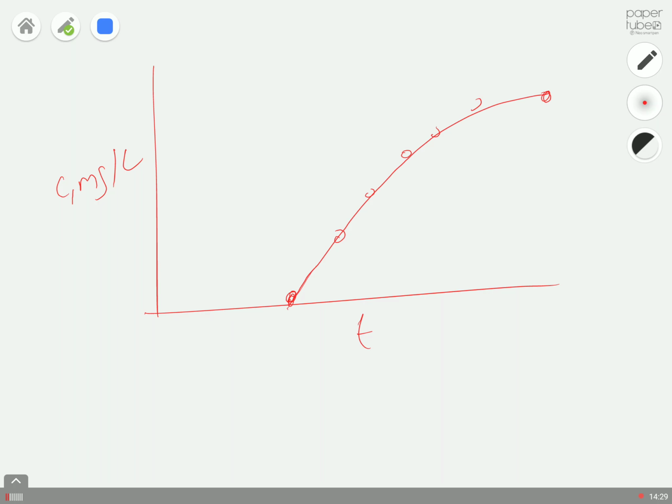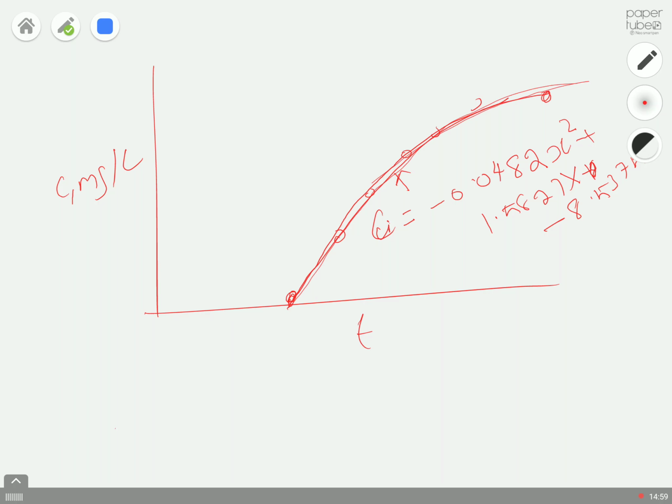You fit a line through these points, and for your problem this line is like a polynomial equation. So C will be equal to minus 0.0482 x square plus 1.5827x minus 8.5375. That's the equation that can describe this particular part of your kinetics.